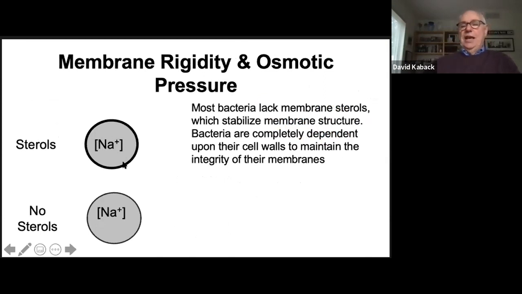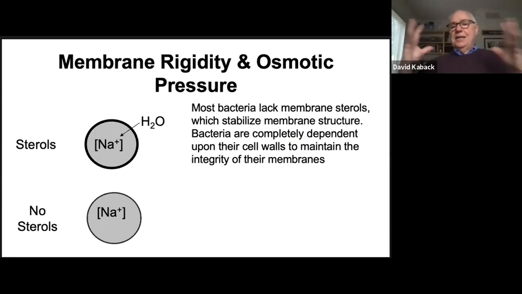which means that their cell membranes are much more sensitive to osmotic stress than eukaryotic higher cell membranes, because if you put a higher cell into a slightly hypotonic, lower osmotic pressure solution, that membrane will take up water, but it will not expand so much that the cell will break open, because the membrane has integrity given to it by that cholesterol.